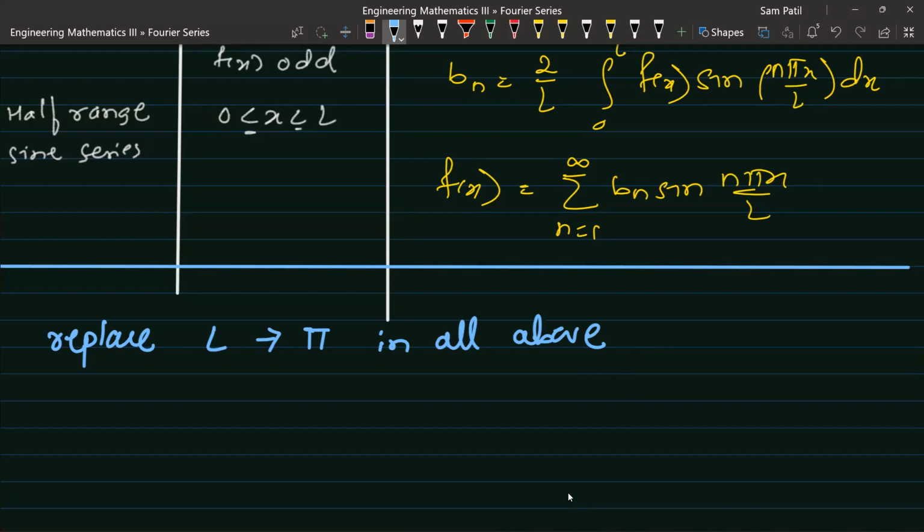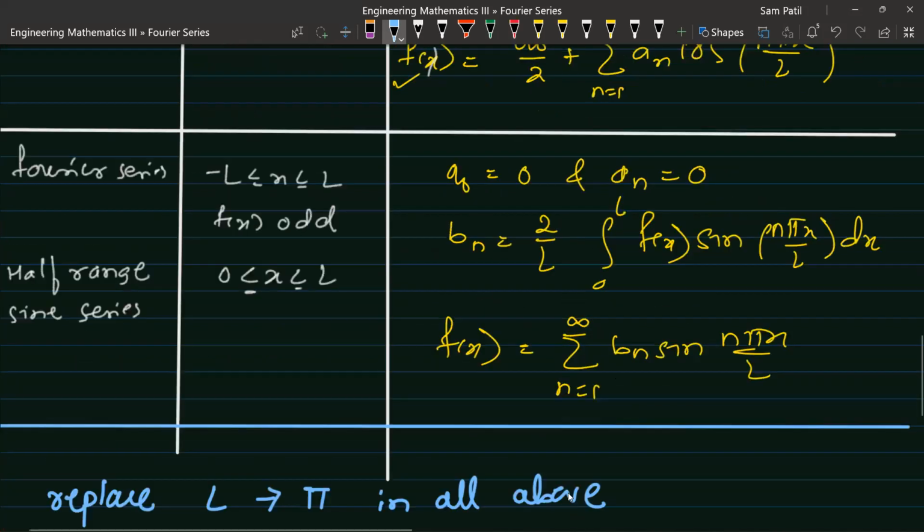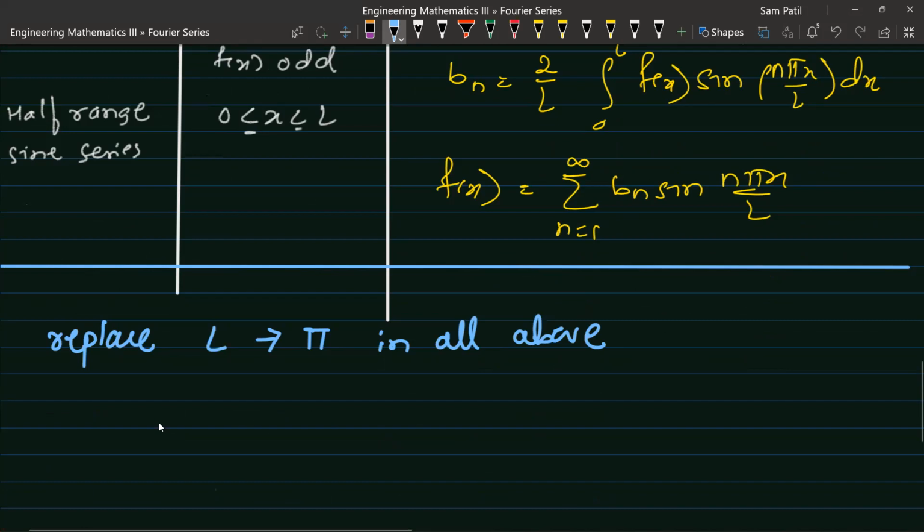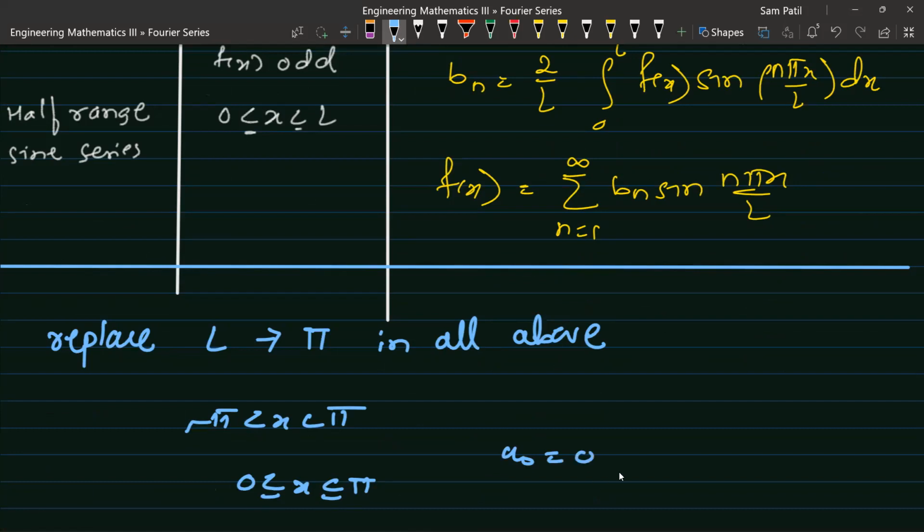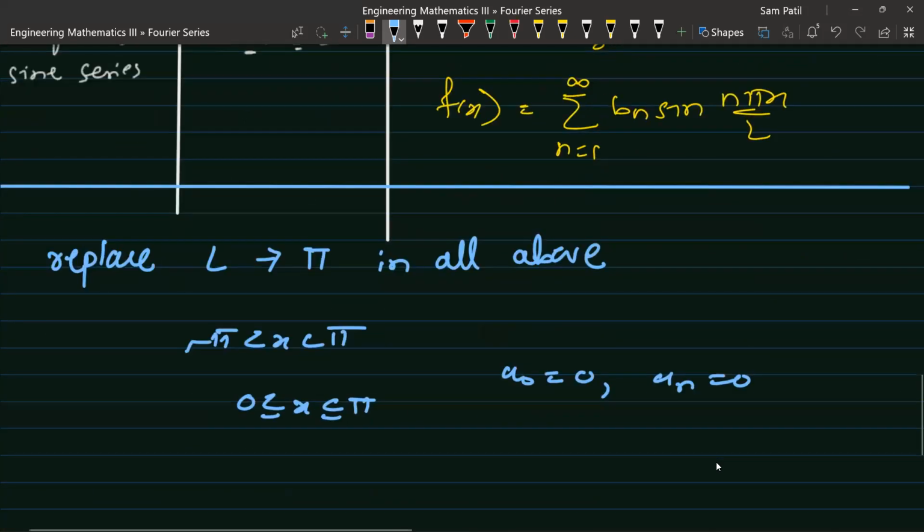For example, suppose I take this last result, where the interval is minus pi to pi, so minus pi is less than x is less than pi. It becomes 0 to pi. And what is a naught here? A naught is 0, and an is also 0. And what is bn?